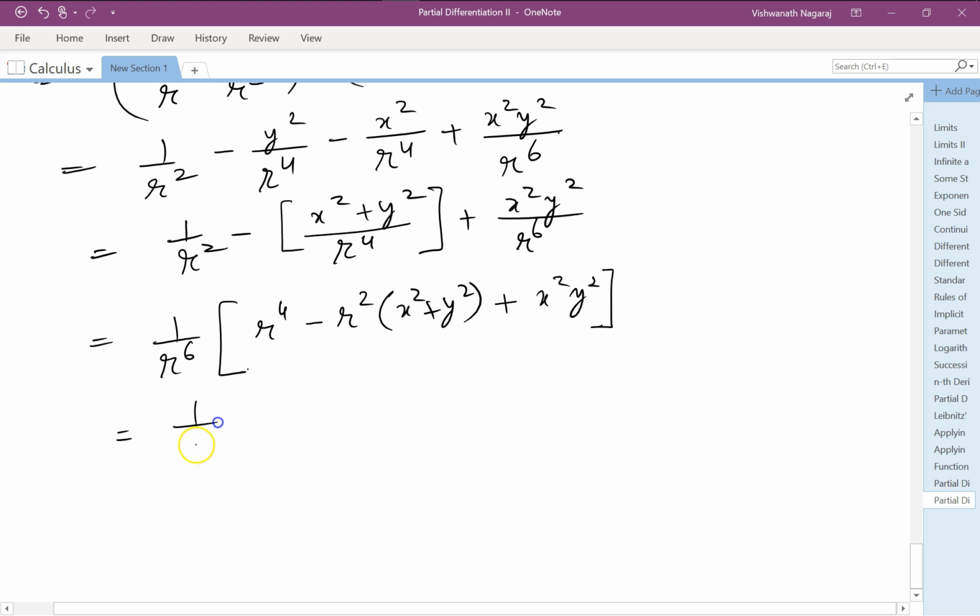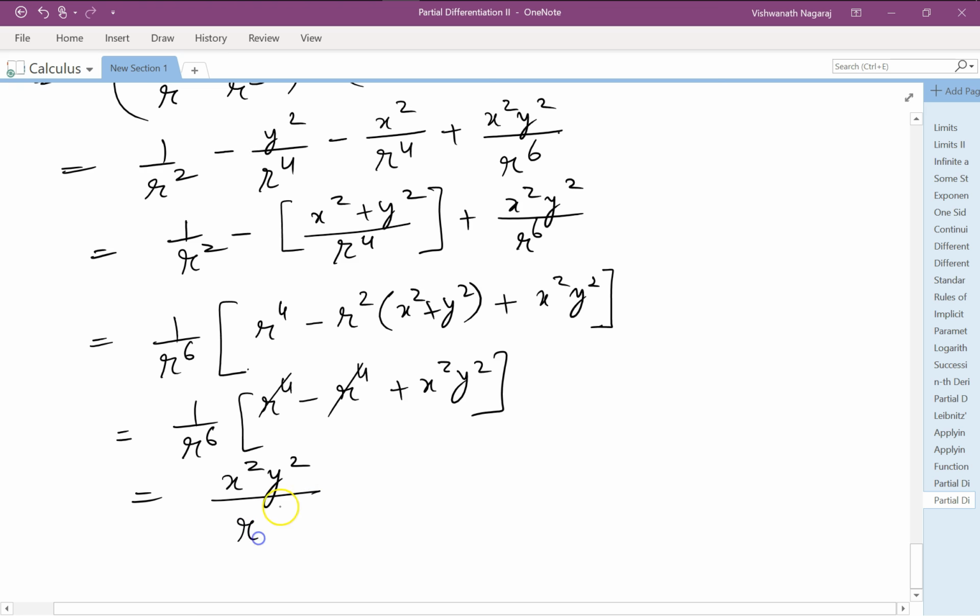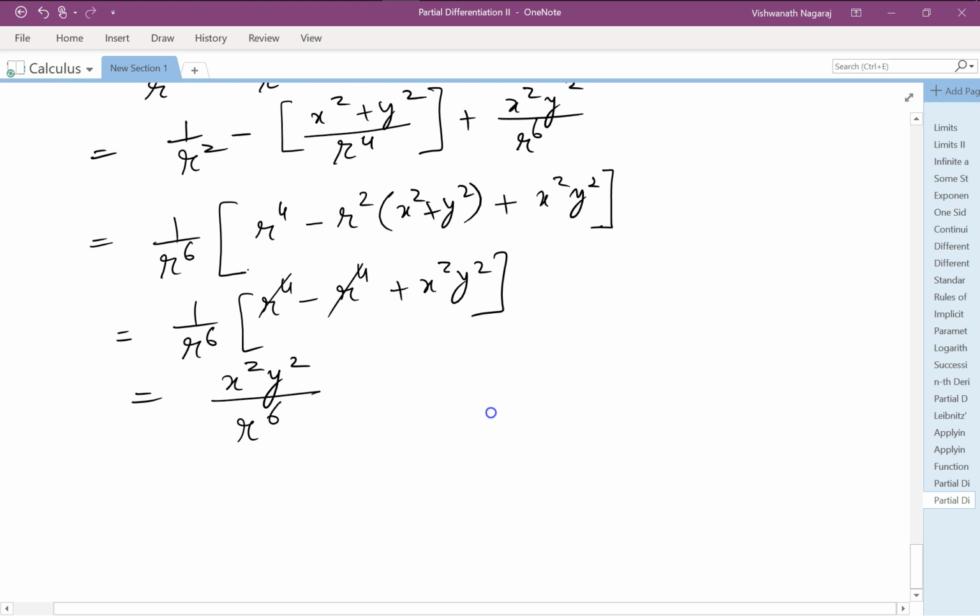This becomes r4, and x square plus y square is r square. So r square times r square is r4, plus x square y square. These two get cancelled and we are left with x square y square by r to the power of 6.